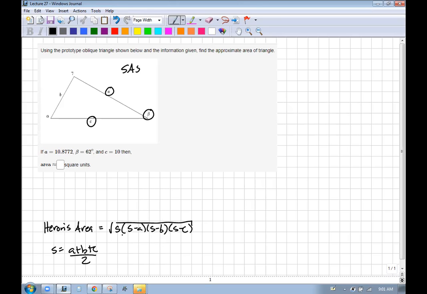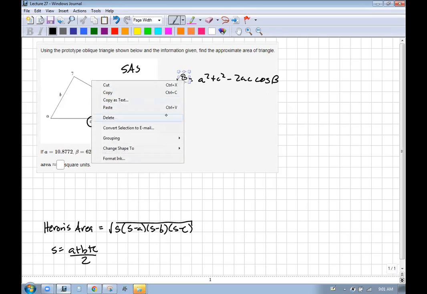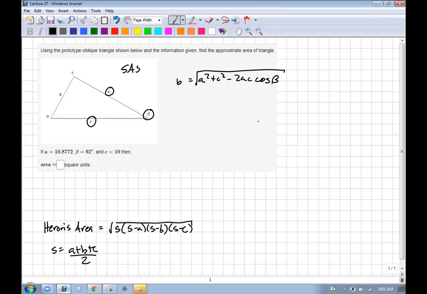Okay. And this would be great if we had A, B, and C, but we only have A and C. But since we have beta, we can easily find B, because B squared is A squared plus C squared minus 2AC cosine beta from the law of cosines. So B is the square root of that.